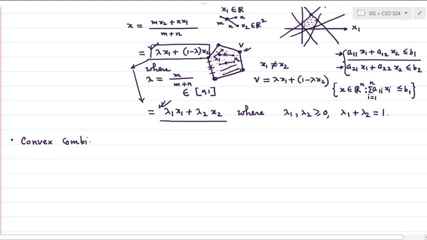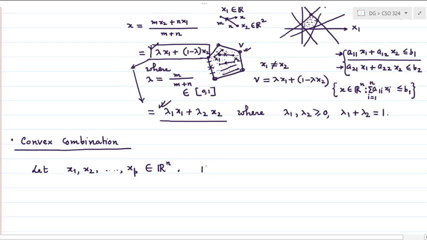Convex combination. By convex combination we mean the following: let you have x1, x2, ..., xp, p many points in the n-dimensional Euclidean space.